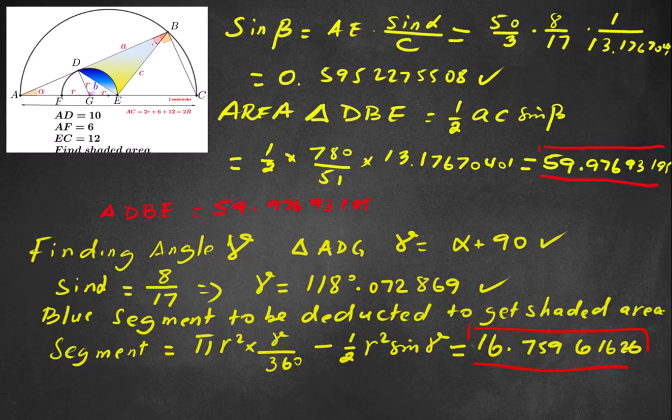That means it is 59.976939115 minus 16.75961626.